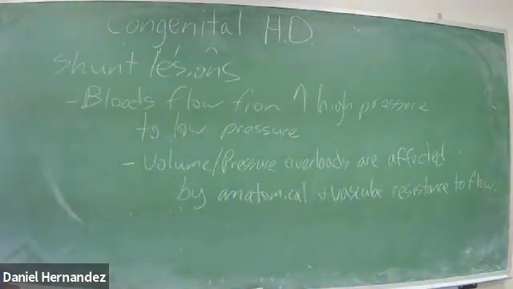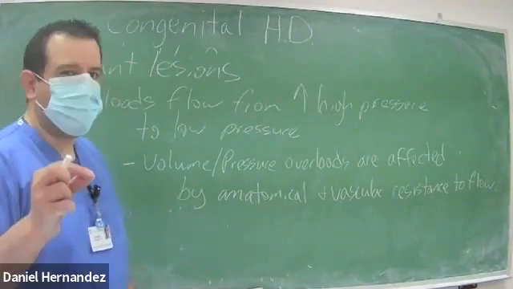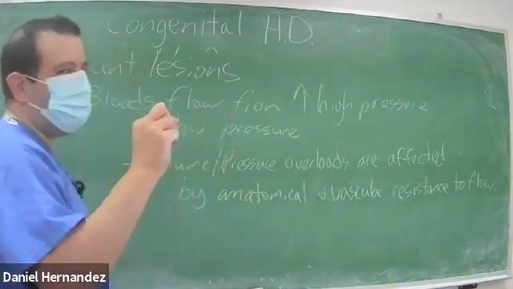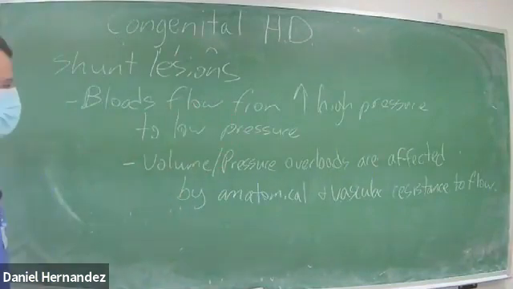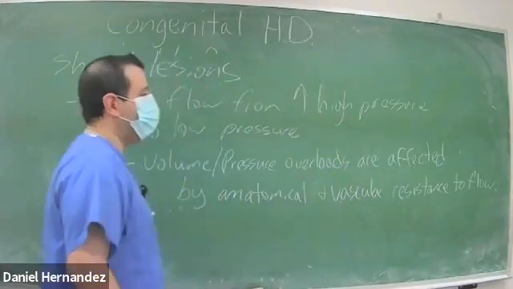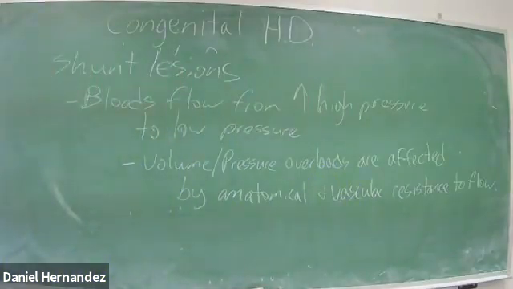When I talk about anatomical resistance, that's essentially the size of the lesion, the opening. And then vascular resistance deals with the pressure against which that blood flow has to go.